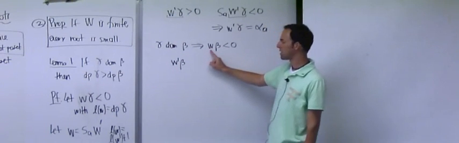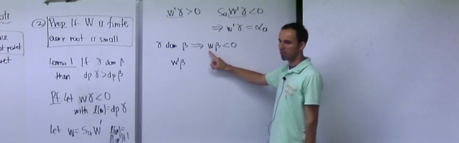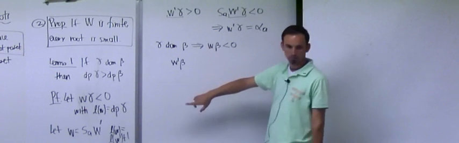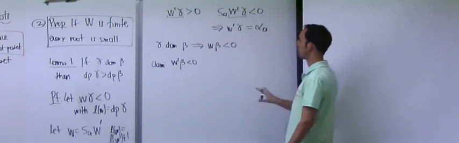Now, I already found something of length depth gamma that made me negative, but I want to show that I can make this smaller. Okay? And what I'm going to show is that W prime already makes beta negative. So that's my claim.